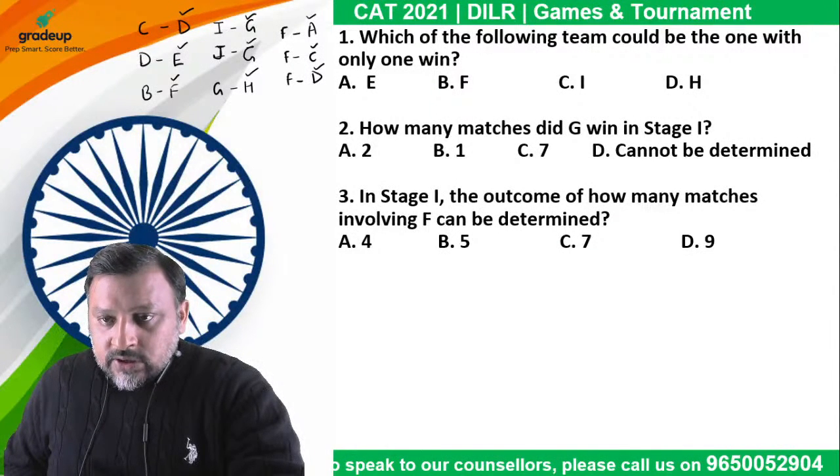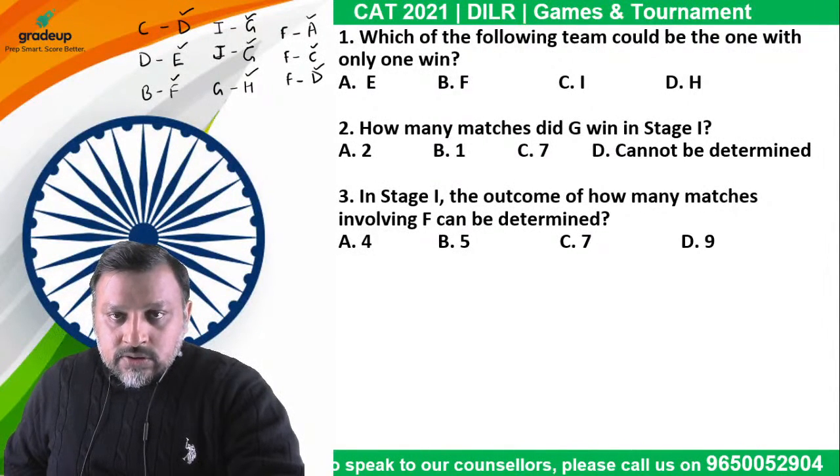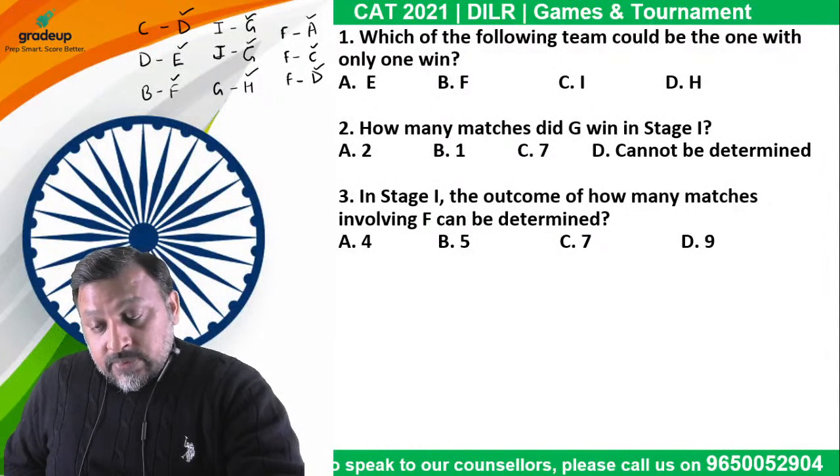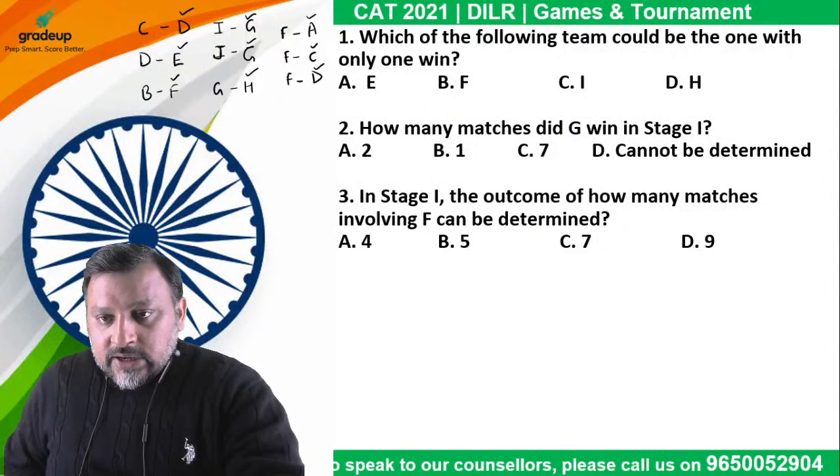Okay, Rishi is getting question 2 as cannot be determined. Question 3 is A option. Rishi, please recheck your answer. I'm not saying they are incorrect, but just recheck your answers.